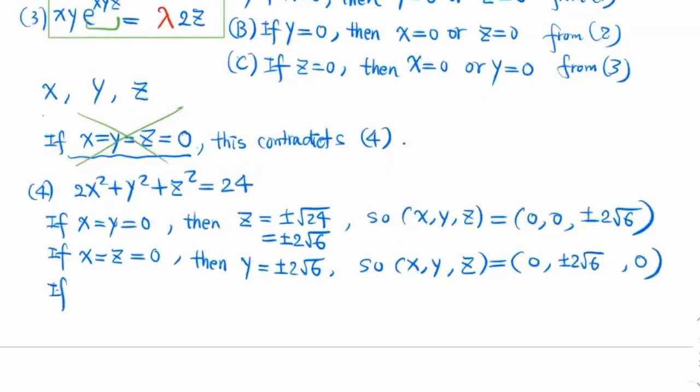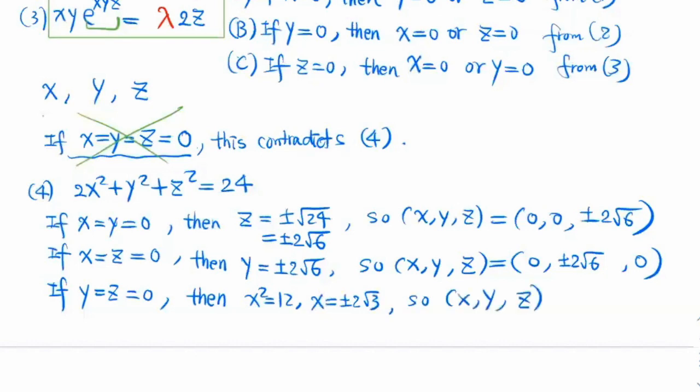Now let's try another one. How about y equals z equals 0? Then x squared is equal to 12, so x is plus or minus 2 square root of 3. So xyz is plus or minus 2 square root of 3, and then 0, 0. So we found this.